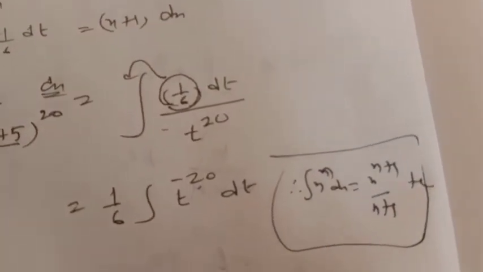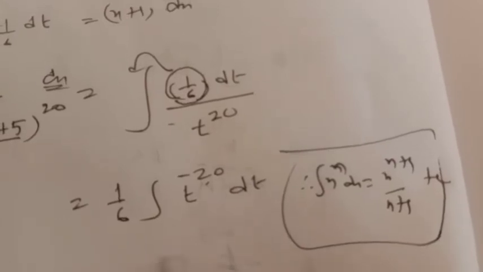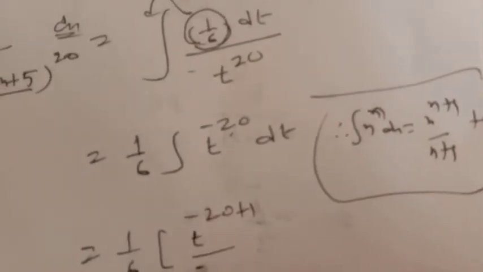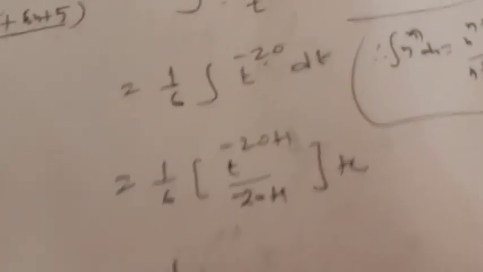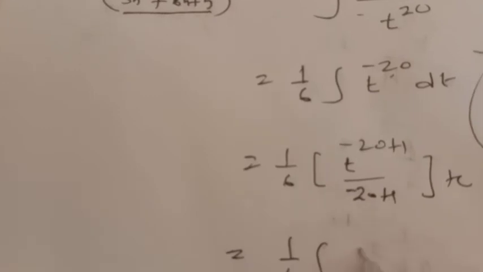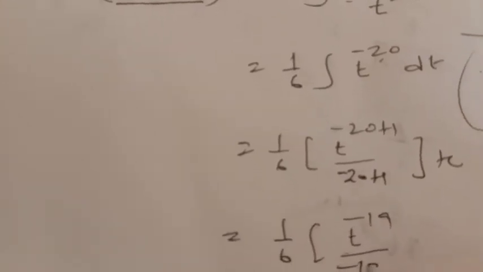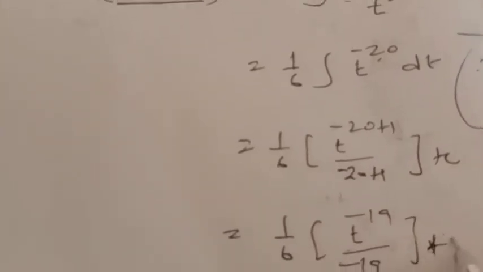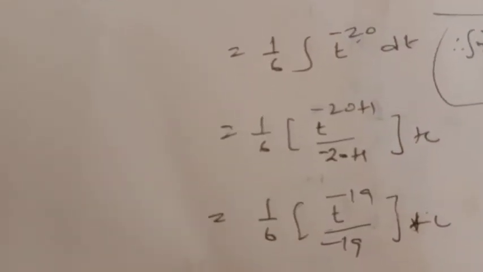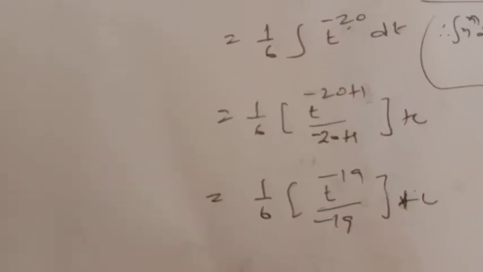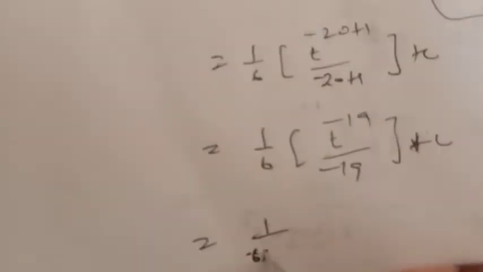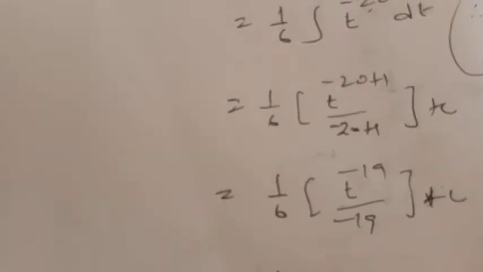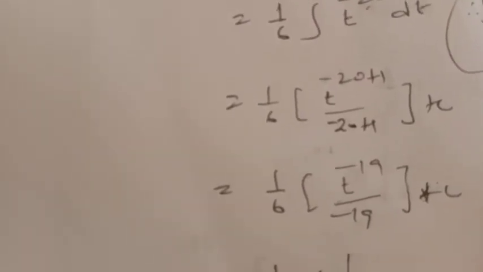Here n equal to minus 20, that is t to the power of minus 20 plus 1 by minus 20 plus 1 plus c, that equal to 1 by 6 into t to the power of minus 19 by minus 19 plus c, that equal to minus 1 by 19 into 6, that is 114, into 1 by t to the power of 19 plus c.